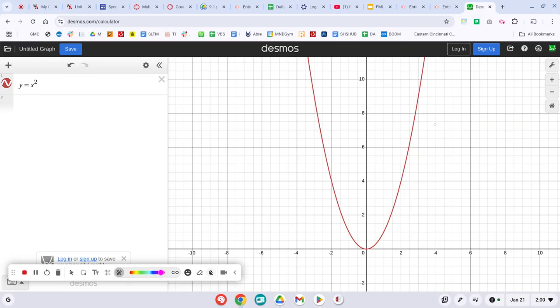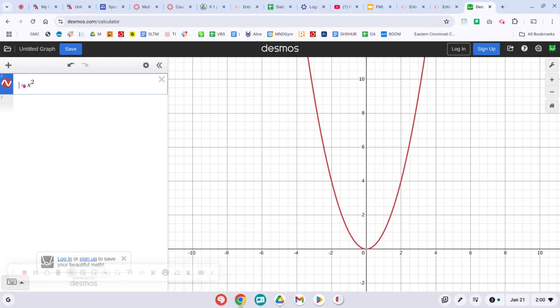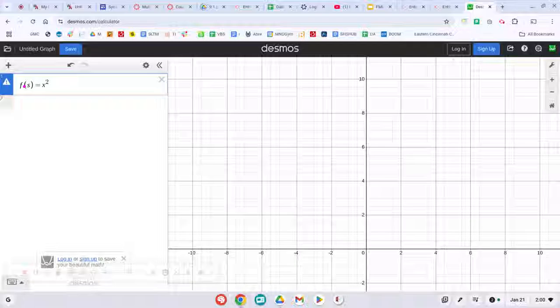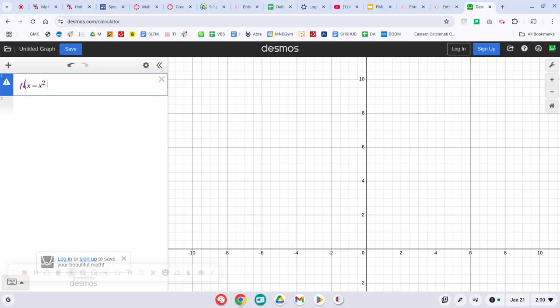So now, what if I changed this y to f of x? Notice nothing happens, okay? So first thing, we need to remember that y and f of x mean the same thing. They're functions.